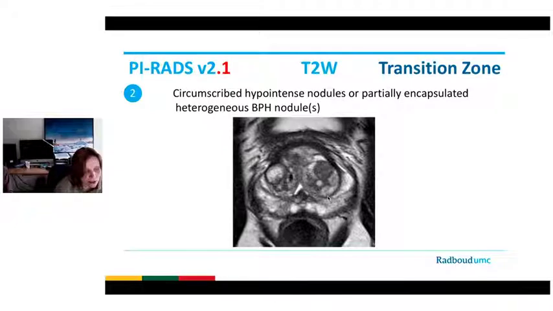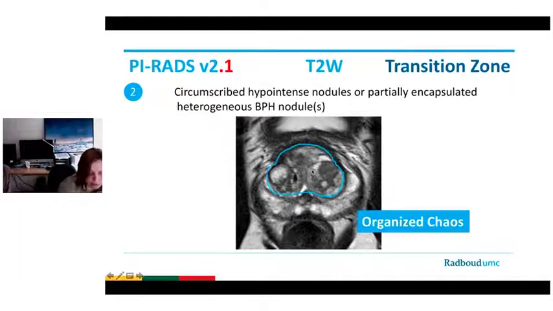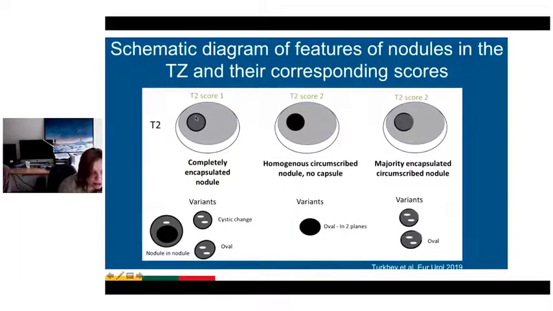It's a circumscribed hypointense nodule, where we evaluate the capsule in order to say if it's 2 or 3, because if we see a well encapsulated lesion, then we say that it's 1.